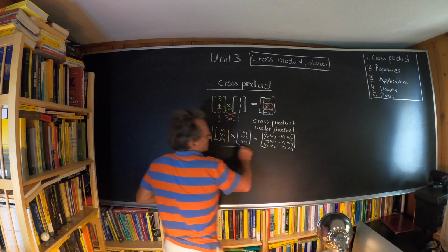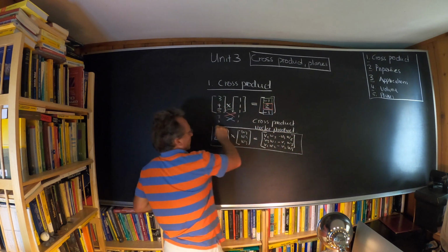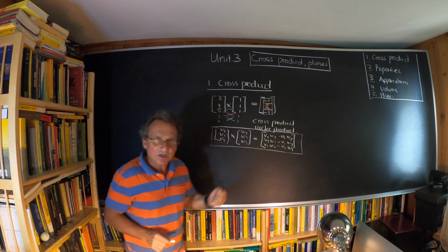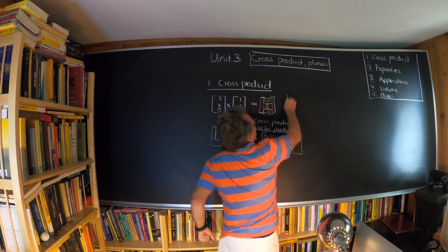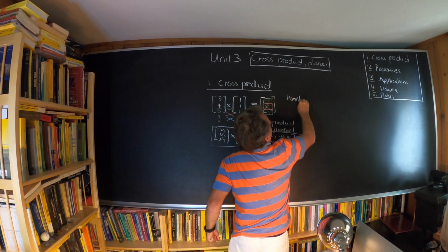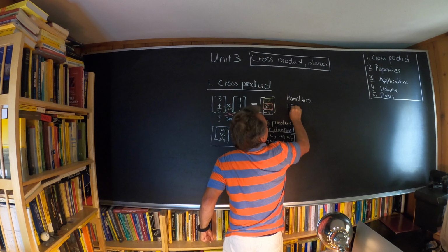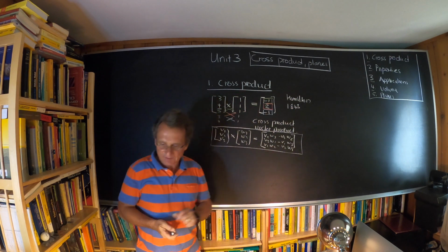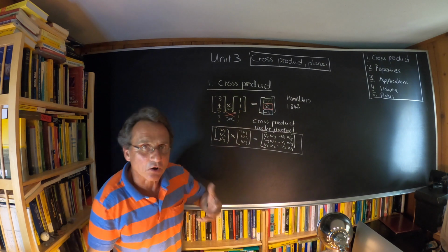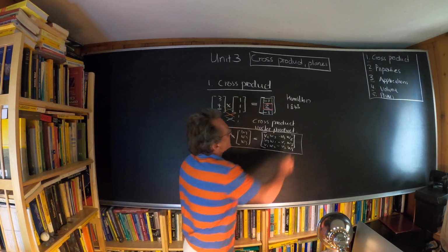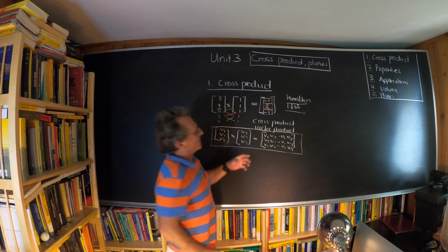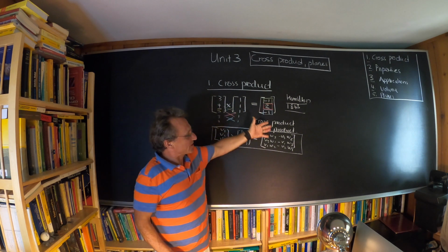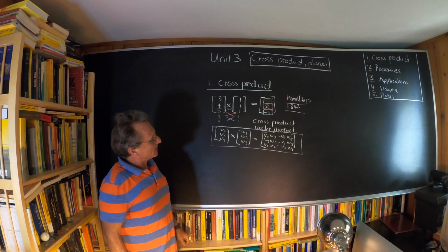It's a little bit strange at first. It was hard to find by Hamilton in 1843. Same Hamilton who defined quaternions and was at the same time introducing the cross product and dot product.